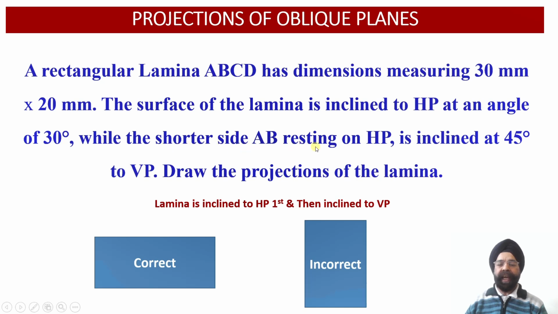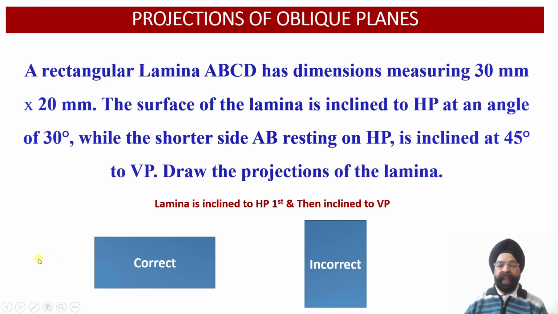So if we place the lamina below the XY reference line in this orientation, and incline it either this way or this way, then the lamina will be resting onto the ground on its shorter edge, right? Either it will be resting on this edge or on this edge. So this is the correct orientation of the true shape of the lamina.